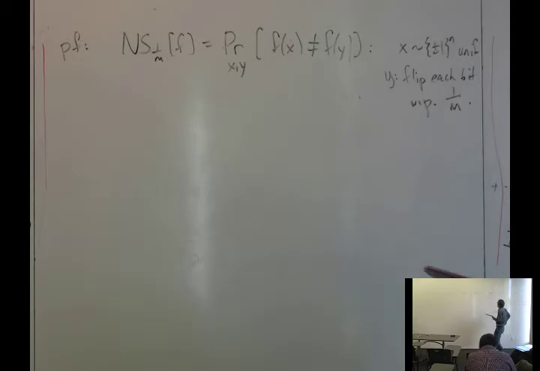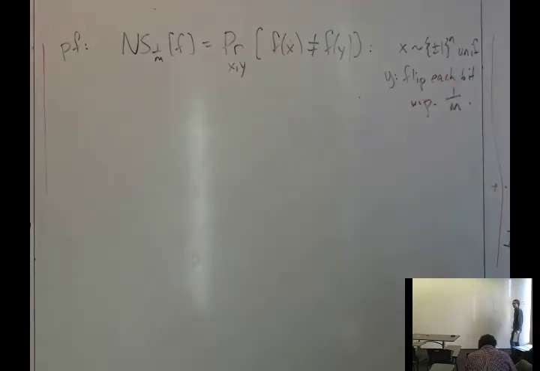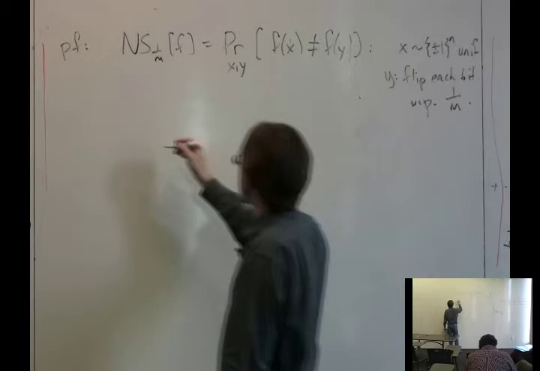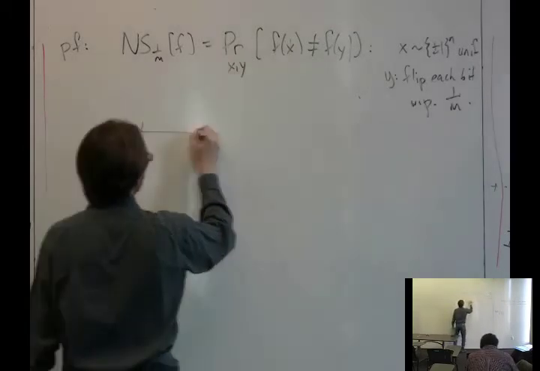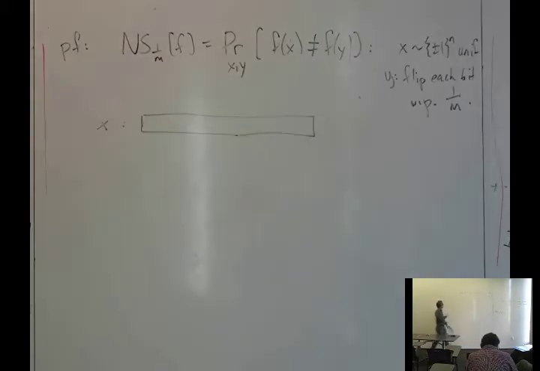Okay, and what we're going to do is describe a funny way of doing this exact experiment. The brief and incomplete version is, we choose x uniformly at random, so it has n coordinates; this is me writing down a whole list of n uniformly random bits.